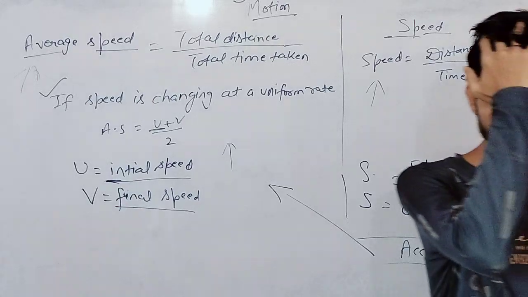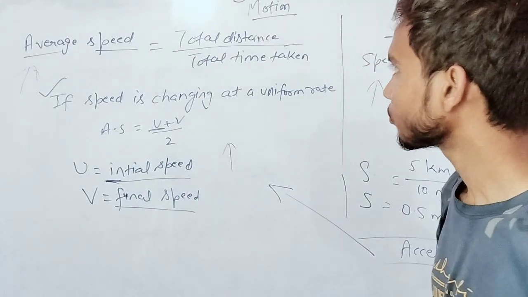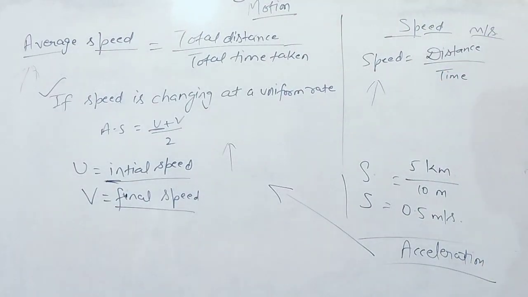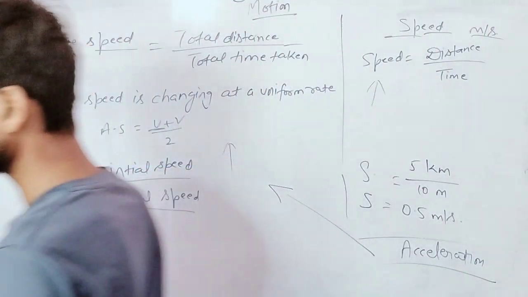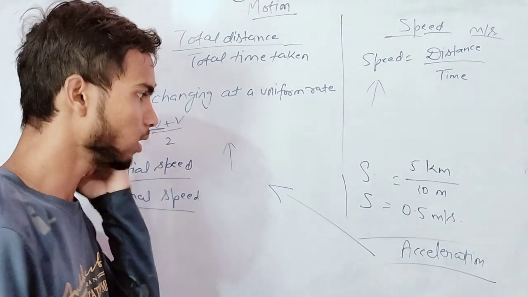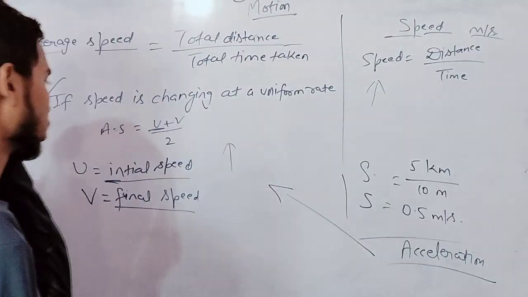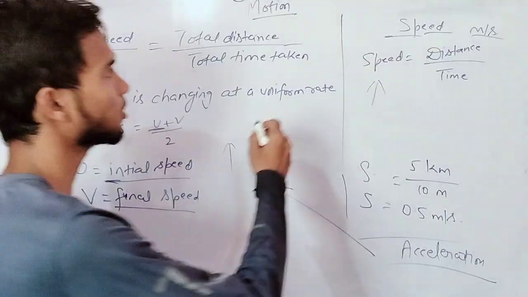Did you understand? Clear? When it comes to average speed, you will take u plus v upon 2. So what's the difference between them?